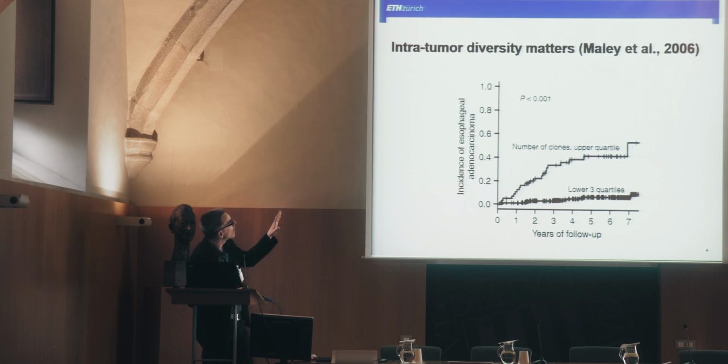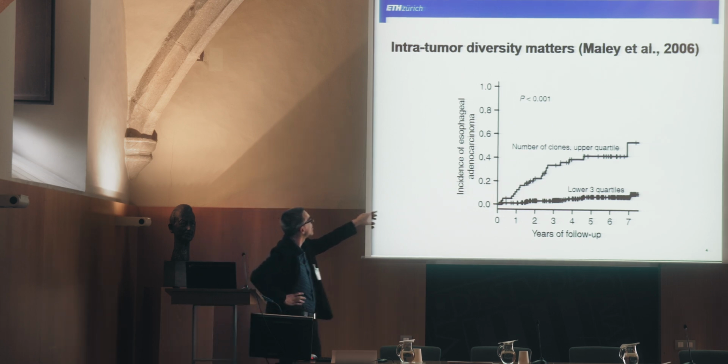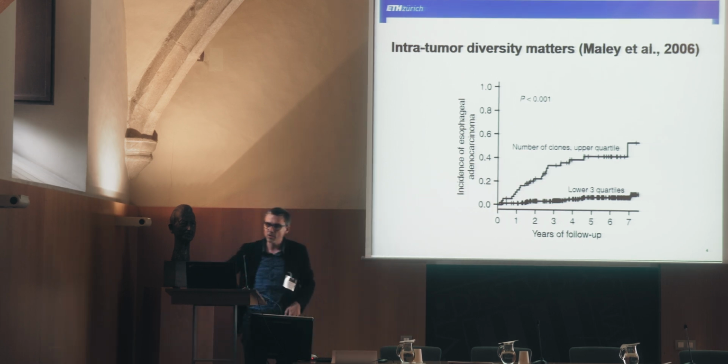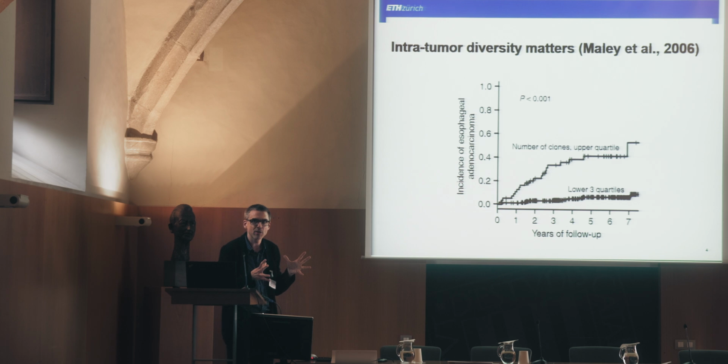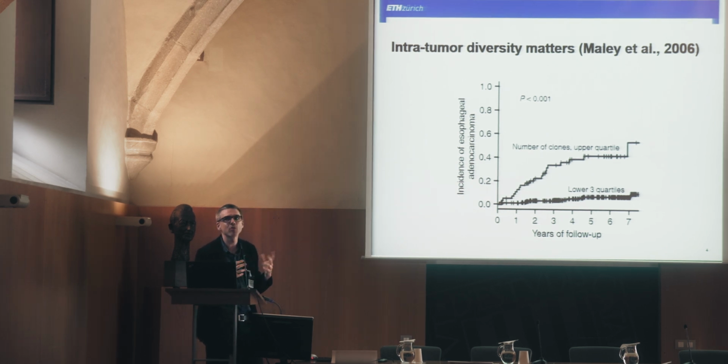This is a very early paper addressing this, actually not based on next generation sequencing but still on Sanger sequencing, where we look at the incidence of a certain carcinoma of the esophagus. There are two groups. One group of tumors shows high genetic diversity, which is quantified simply by the number of clones that have been identified, and another group with low diversity.